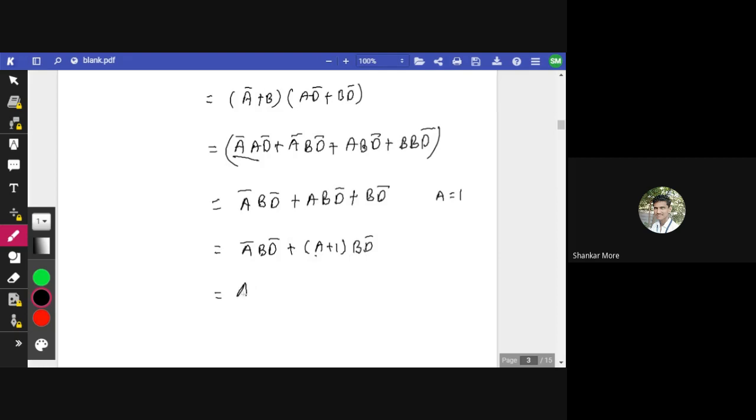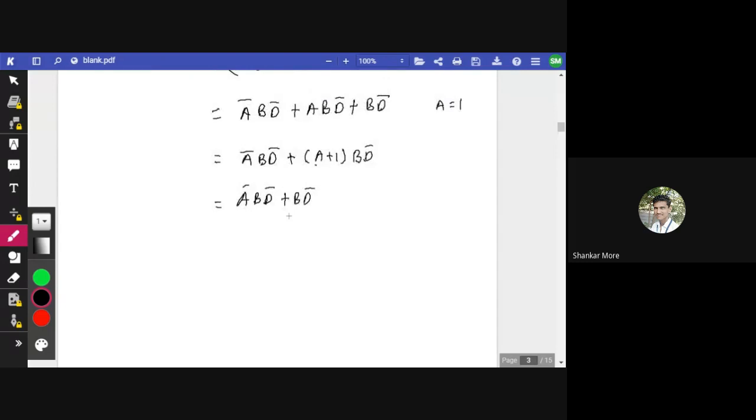Okay, so a bar b d bar plus b d bar. I hope you get it, Shardul, right? A plus 1 is equal to 1, how we wrote it as 1. Okay, so after that again we can take b d bar common here. It would have a bar plus 1 and b d bar.